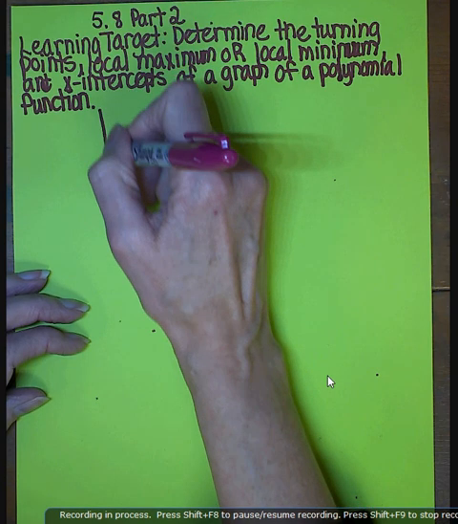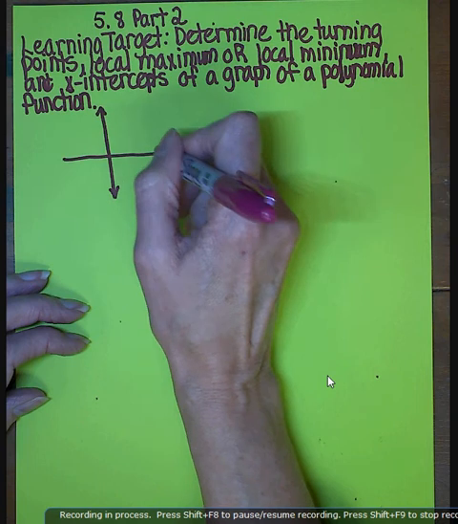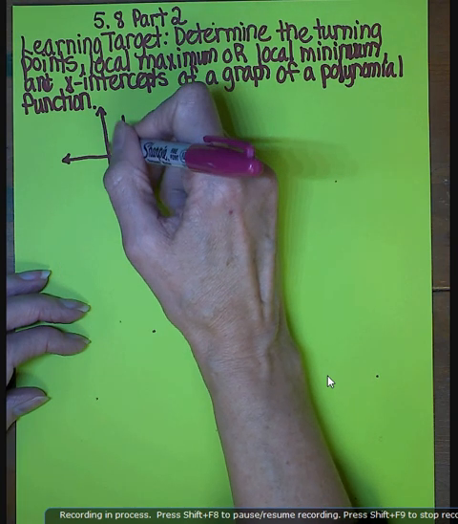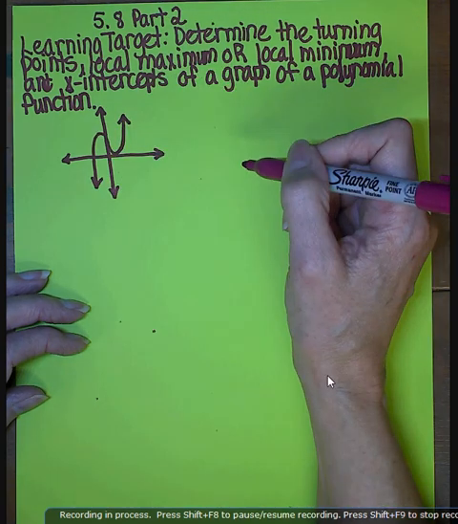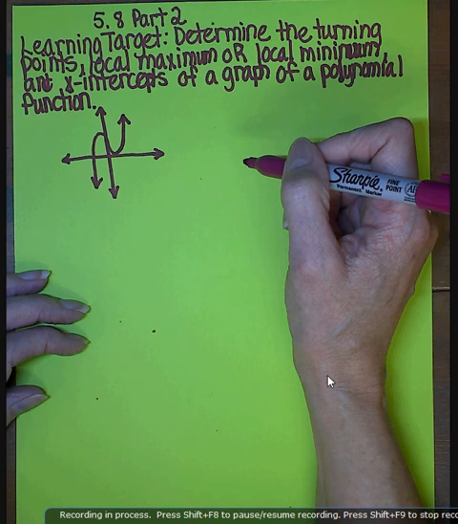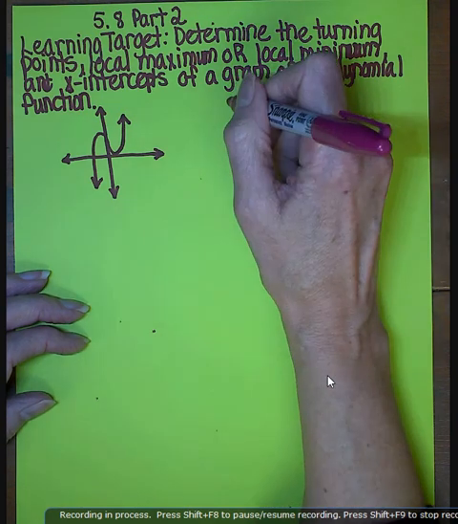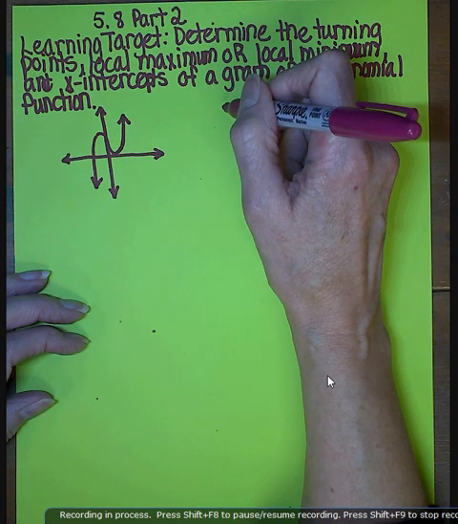Let me draw you a picture of a polynomial. This is actually a cubed graph, but it would be true on an even or to the fourth power graph as well. So the turning points show you where the graph changes direction.